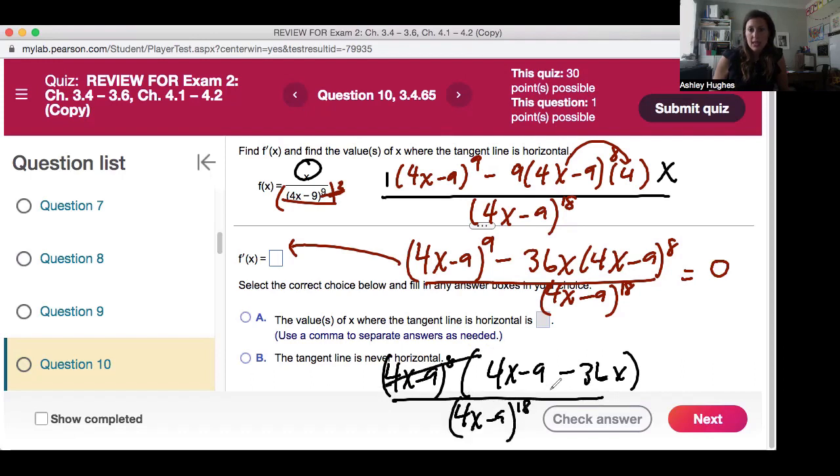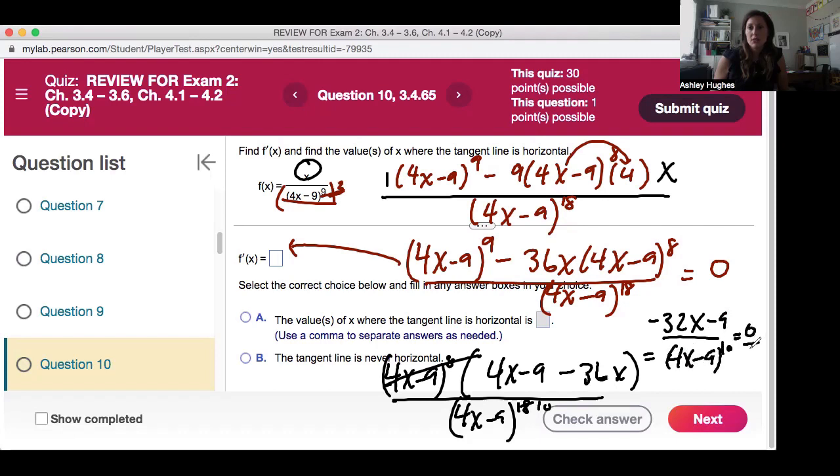So then this 8 would cancel with 10 of those. And then on top, if you simplify 4x and negative 36x, that would be, what's 36 minus 4? 32. So negative 32x minus 9 over 4x minus 9 to the 10th.